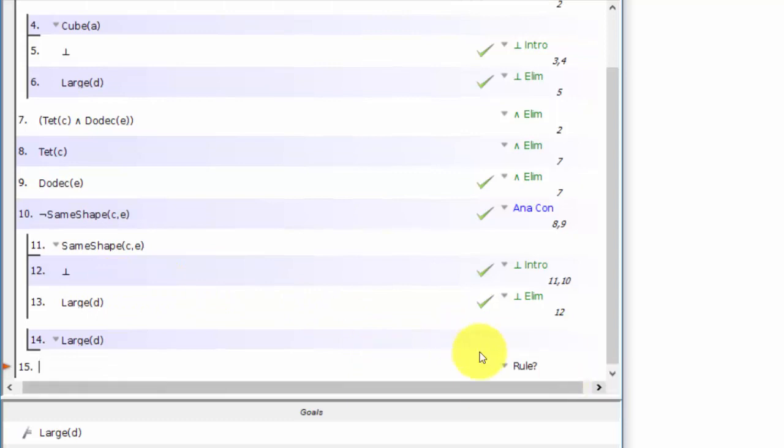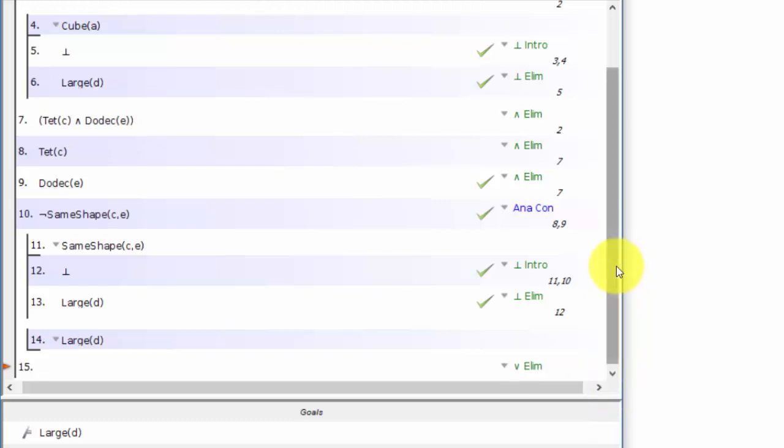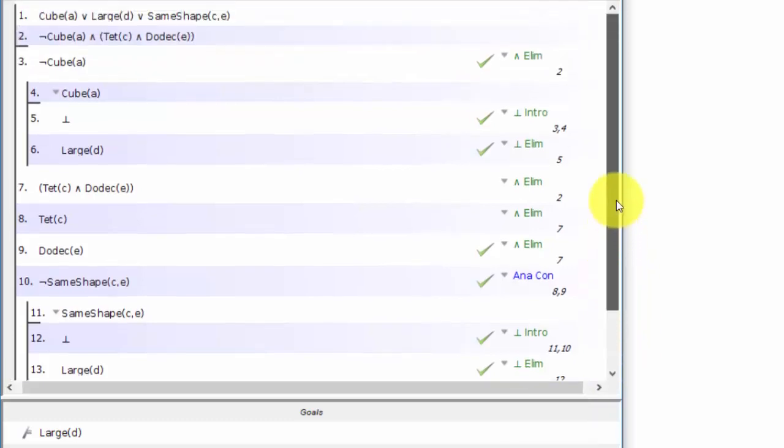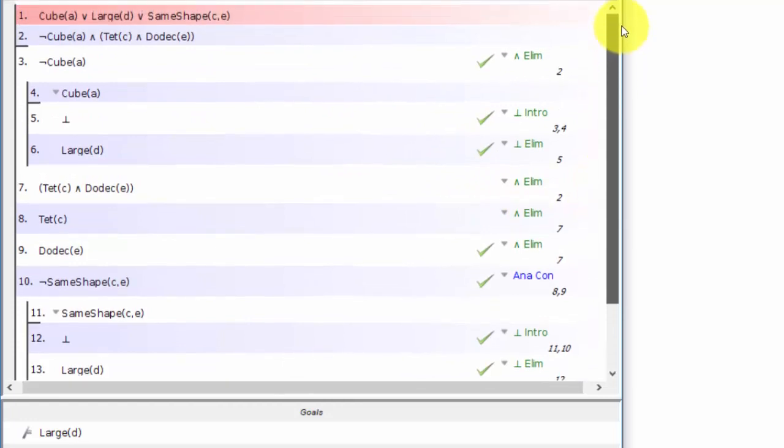So now we can use disjunction elimination to infer that D is large. What we have to do is cite the disjunction that gave us the various options in question. That was premise 1. Then we have to cite all of the options leading to the very same sentence.